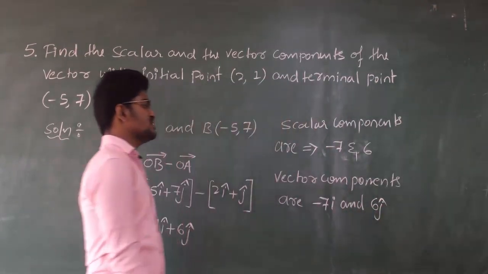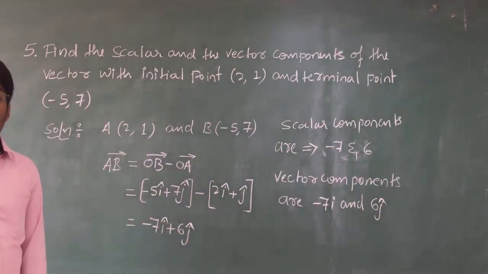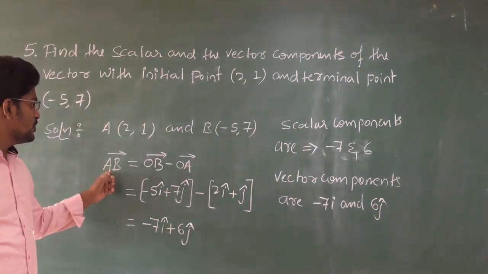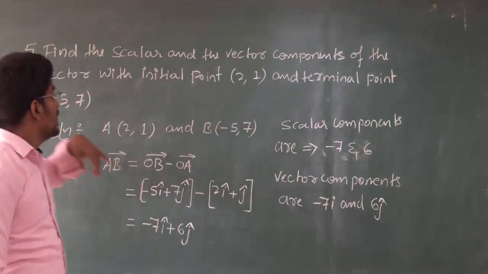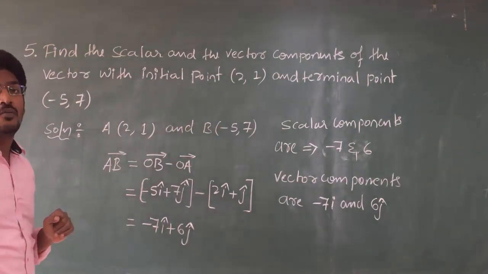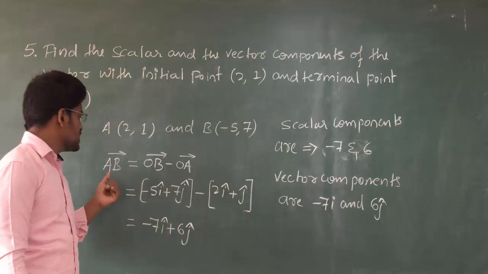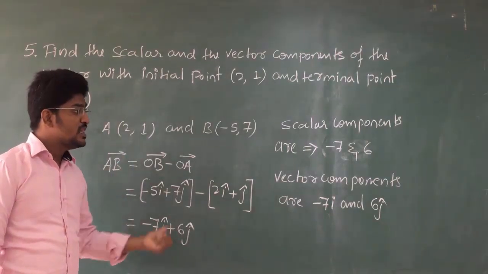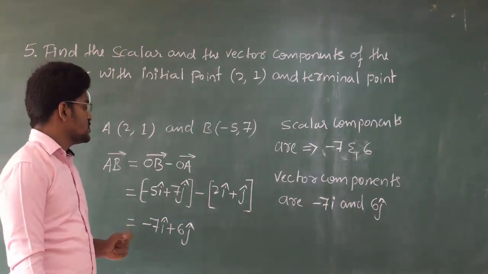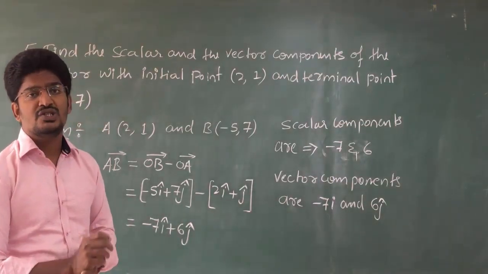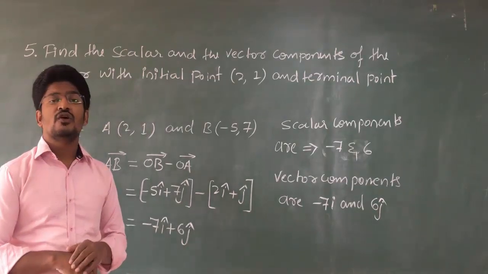So these are the scalar components and vector components of the vector AB with the initial point 2, 1 and the terminal point minus 5, 7. So the first thing is you have to find vector AB, then the remaining things will be very simple. Clear students? So I think this problem is very easy for you. So I will go for the next.